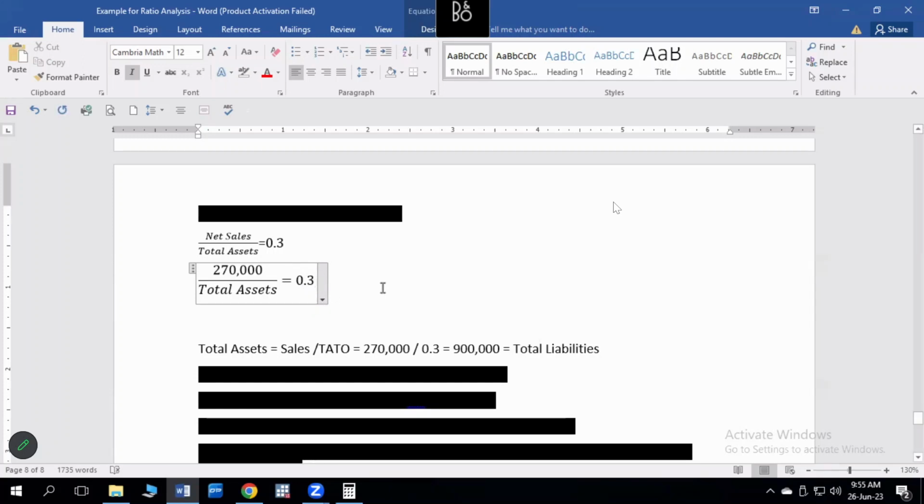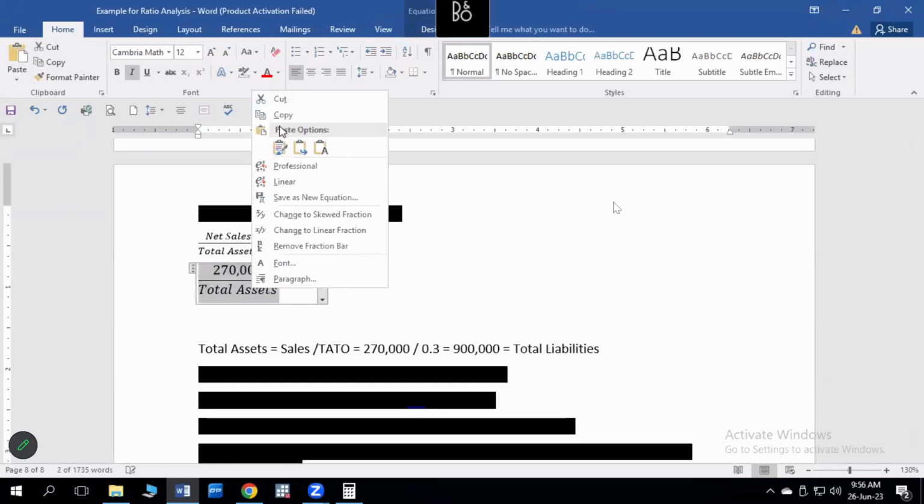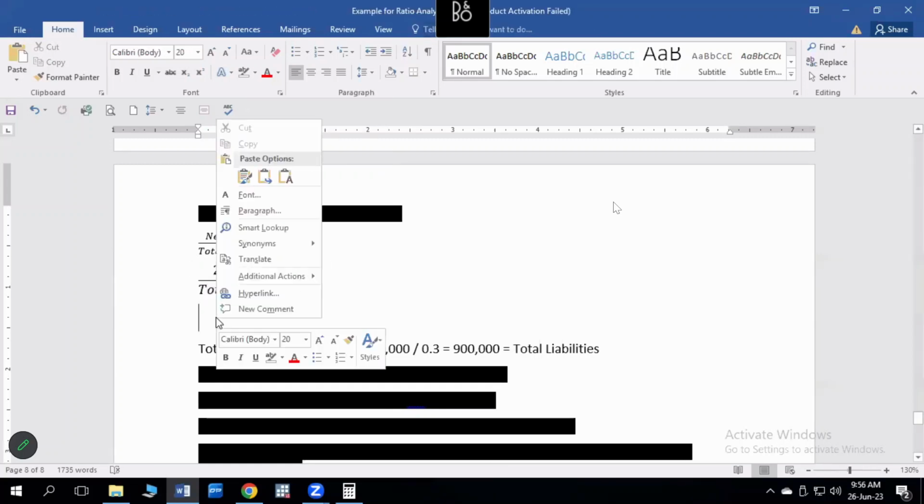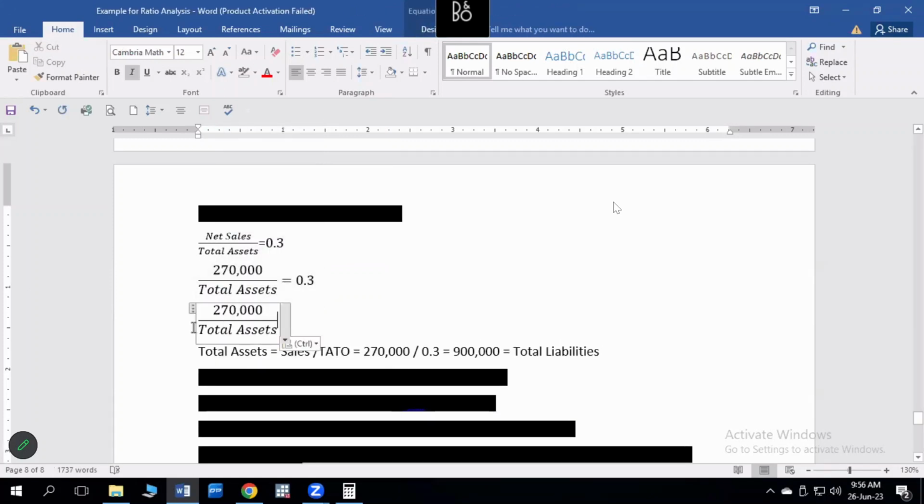Now bring down the rearrangement should be made. 0.3 total assets is equal to this 2 lakhs and 70,000.